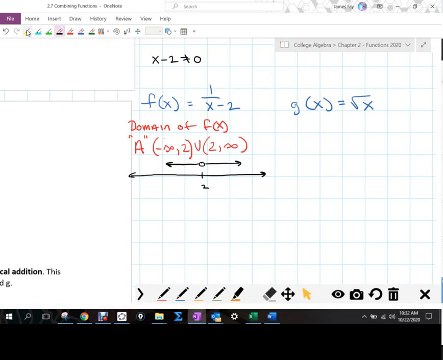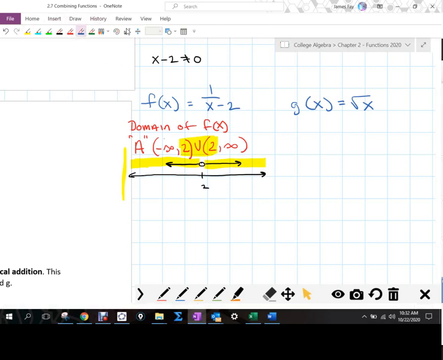Then we think, what's the first x value that this vertical line would come in contact with? First x value would be -infinity. We'd get up to 2, but we can't use 2, so we skip over it, and that's what this is saying. And once we skip over it, 2 to infinity will be that second portion. Is that okay? All right.